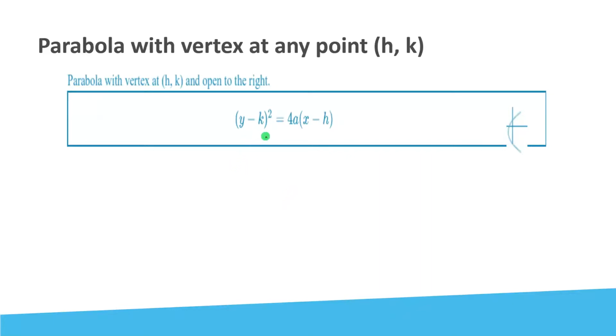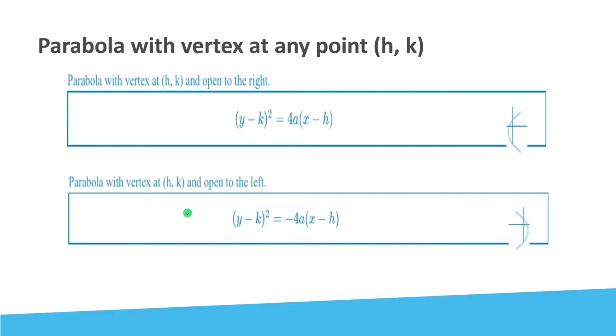So it's the standard form for parabola with vertex at h and k if it opens to the left. So y minus k squared equals negative 4a times x minus h.